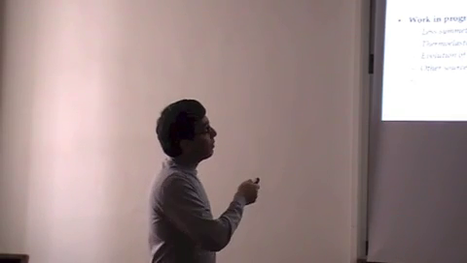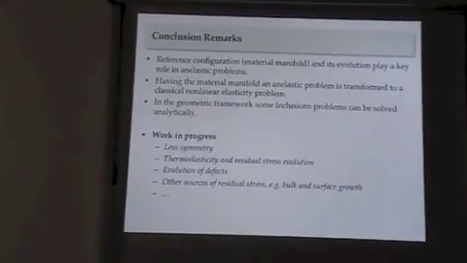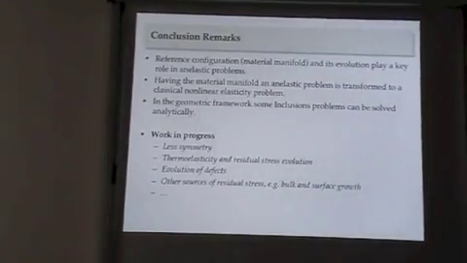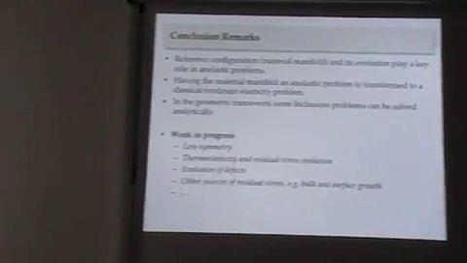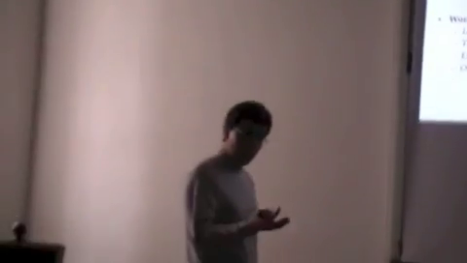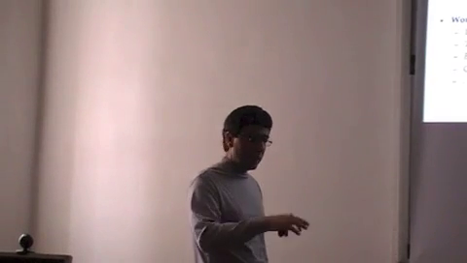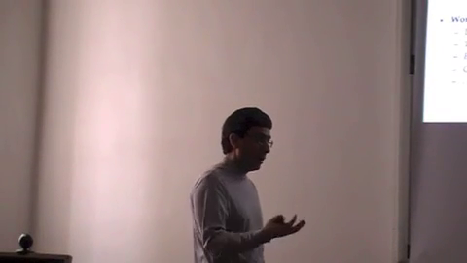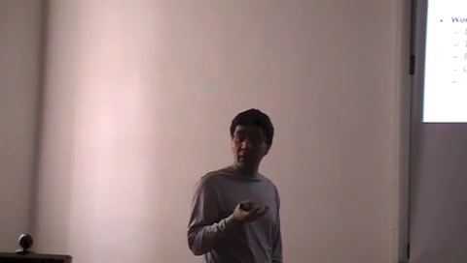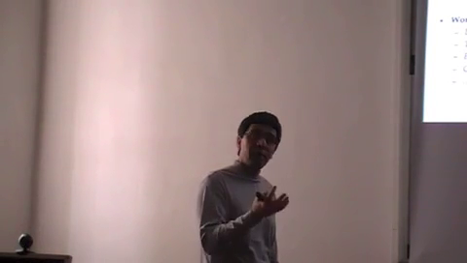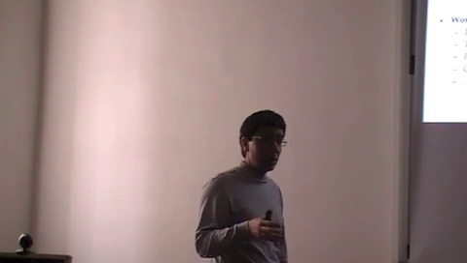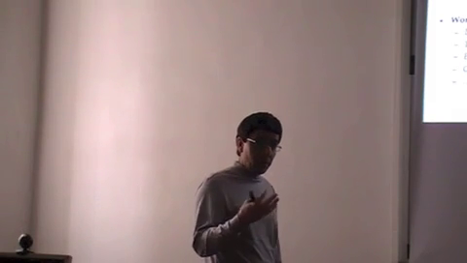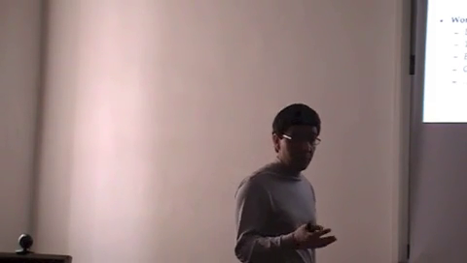So I think this reference configuration plays a very important role when you have any source of residual stresses, and then if you have evolution of defects or these sources of residual stresses like growth, then you have this material manifold with an evolving geometry. And very recently, I mean the last 20 or 30 years, mathematicians have looked at Riemannian manifolds with evolving geometries.